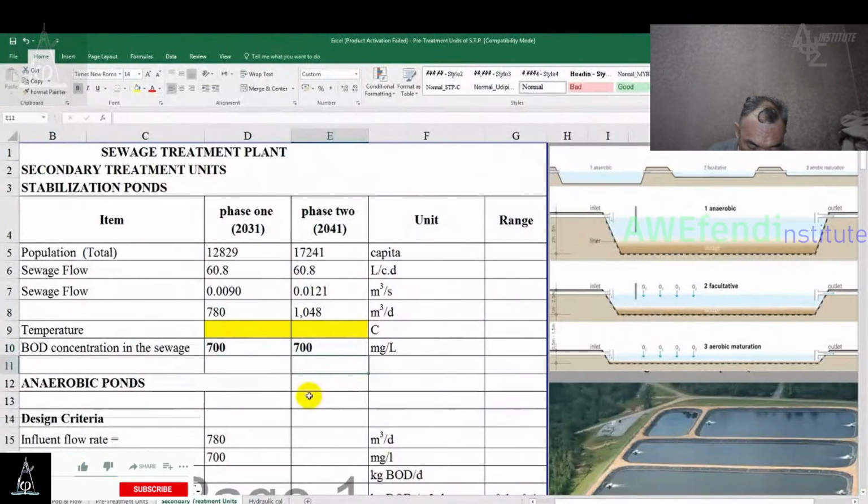Now we will start to design anaerobic ponds. Influent flow rate equals this figure in cubic meter per day, and copy the cell. BOD concentration equals this one.